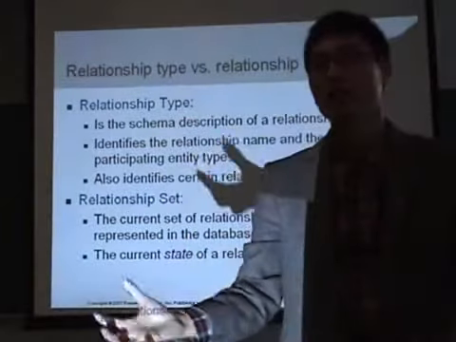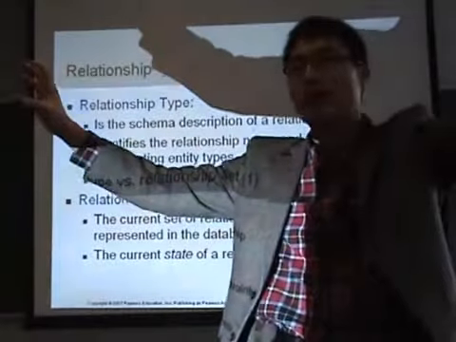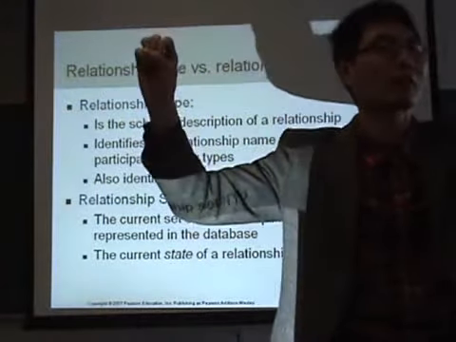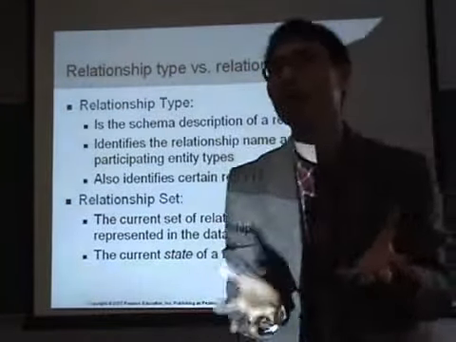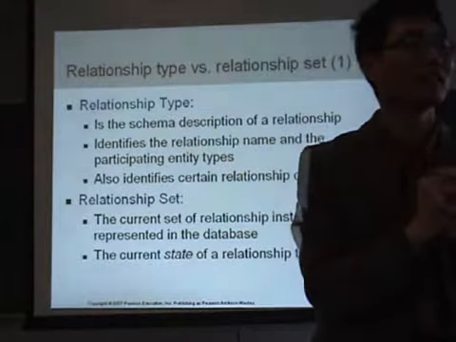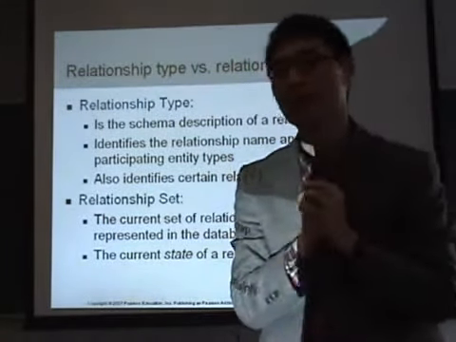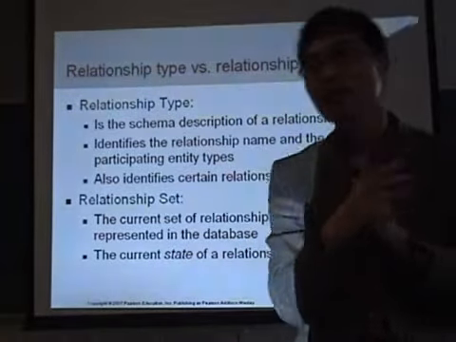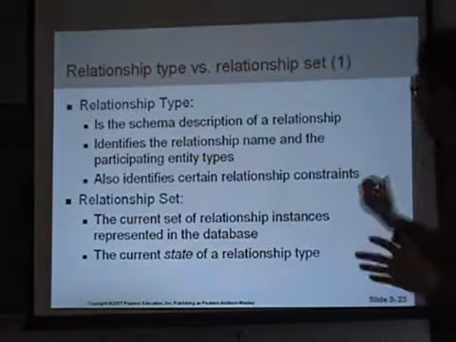By grouping them, employee supervises employee is called a relationship type. Then grouping relationship type and relationships is called a relationship set. Informally, I'm going to use relationship only, interchangeably. However, in your exam, you need to realize the difference. Okay? It's the same thing.